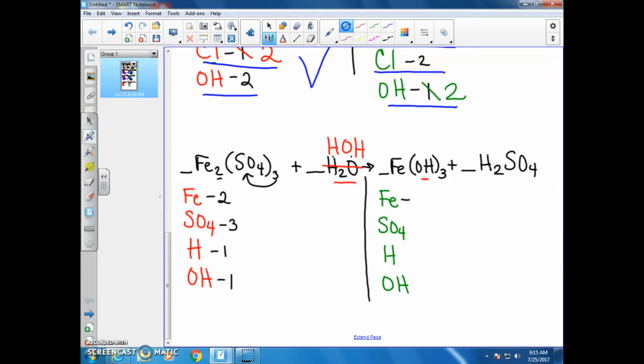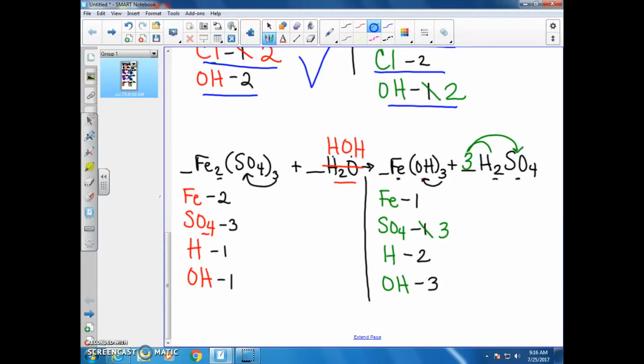On the product side, I have 1 Fe. I have 1 SO4. I have 2 H's. And I have 3 OH's. Alright, so let's start on the reactant side, and let's start on the product side. We need 3 SO4s. So I am going to put a 3 in front of H2SO4 because I want this 3 to multiply here and give me 3 SO4s.